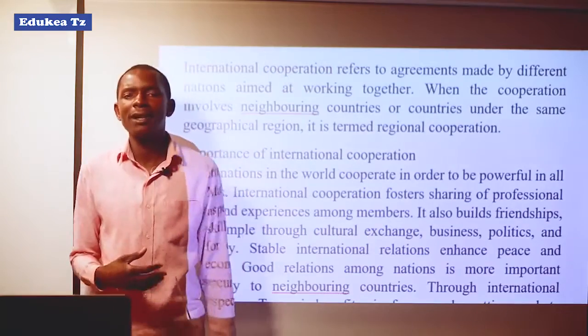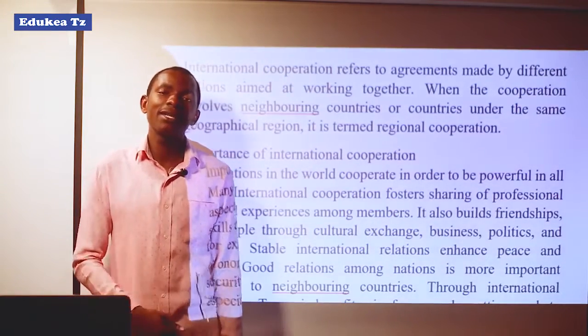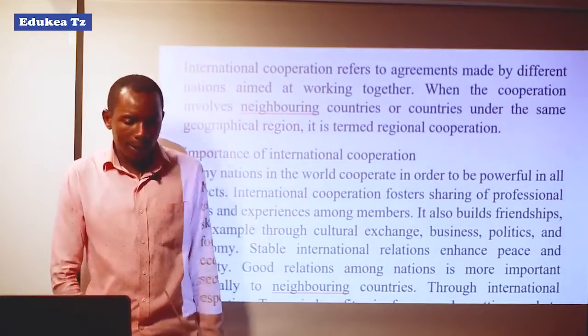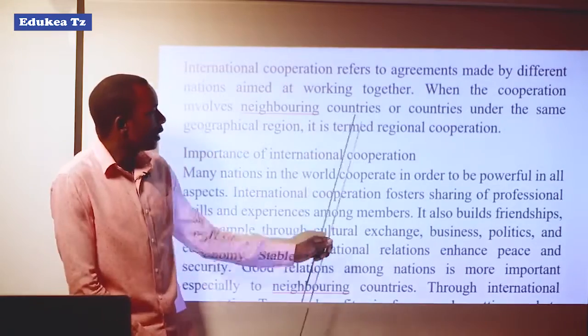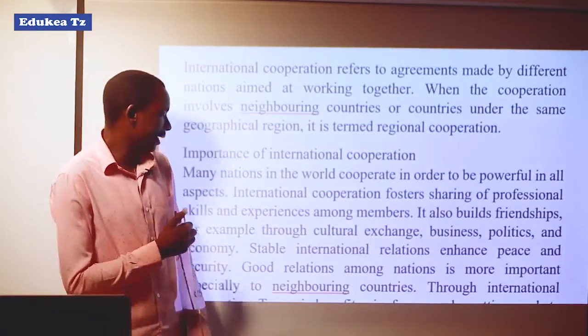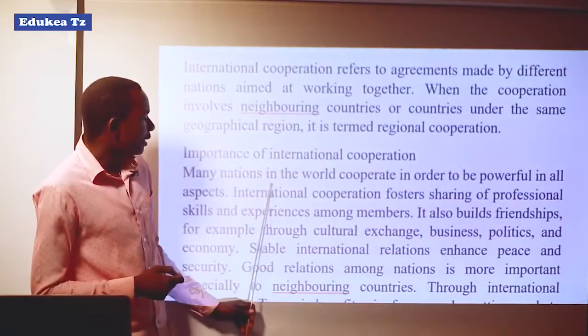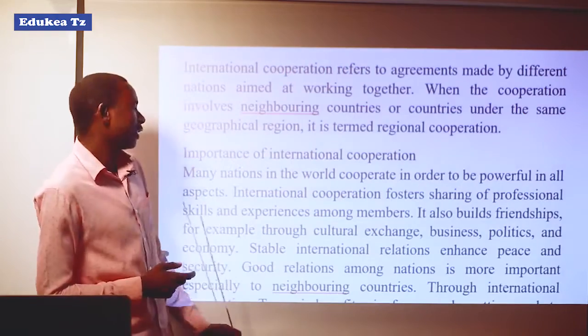Importance of international cooperation. What are the advantages or importance which you may get when we form these agreements between different nations? Many nations in the world cooperate in order to be powerful in all aspects.